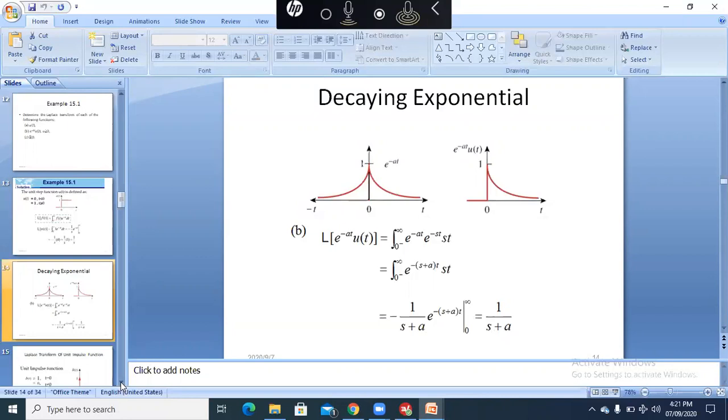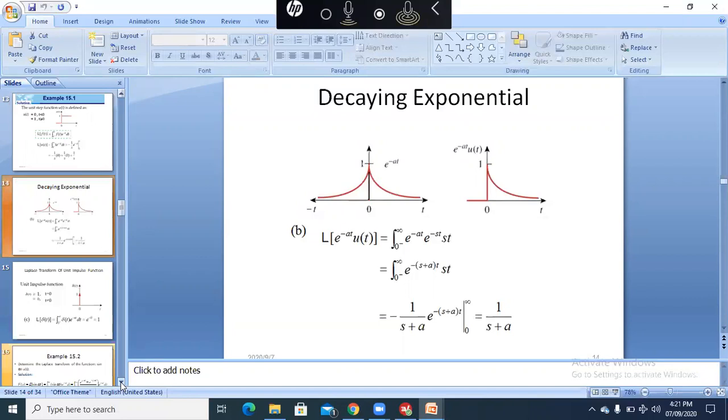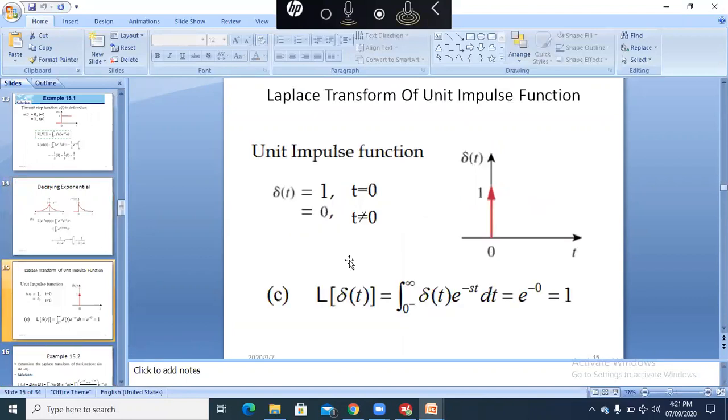This is just to understand how we can take the Laplace transform for different functions. Also for a Dirac delta function, by definition the Laplace transform is 1.